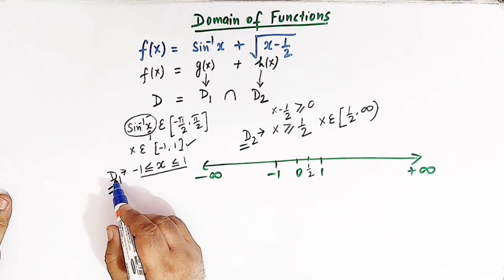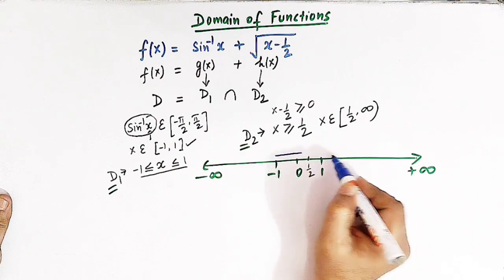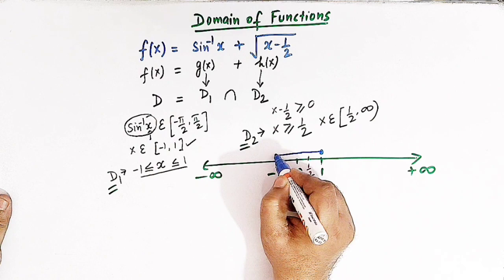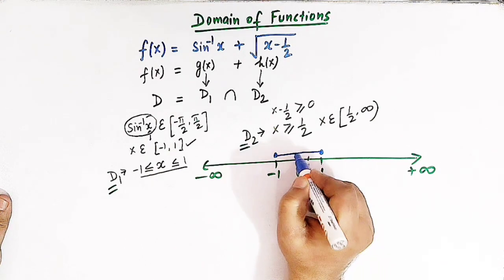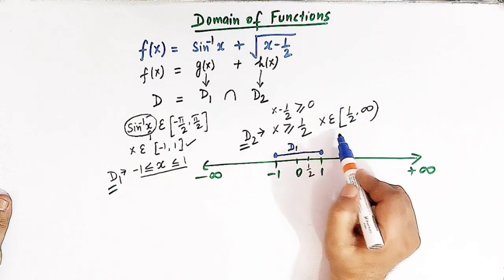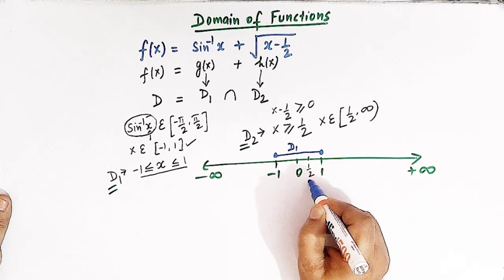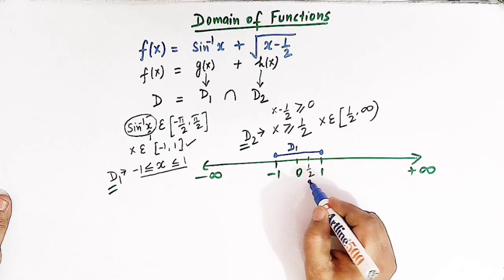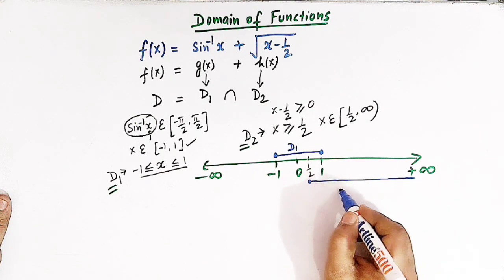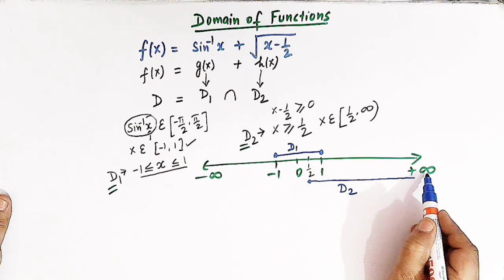Now D1 is from minus 1 to 1, including both endpoints. And D2 is given by the interval half to infinity, where half is included, and we go like this. So this is our D2, from half to plus infinity.